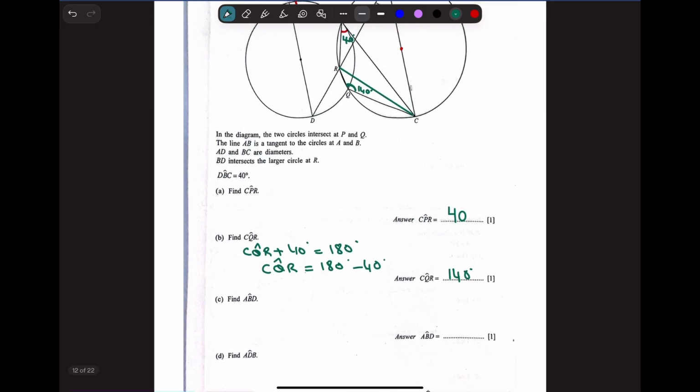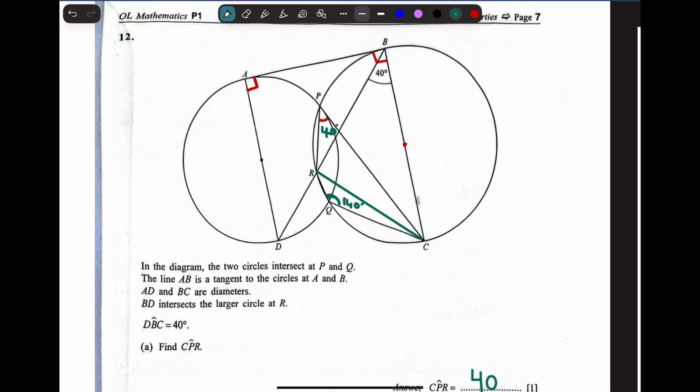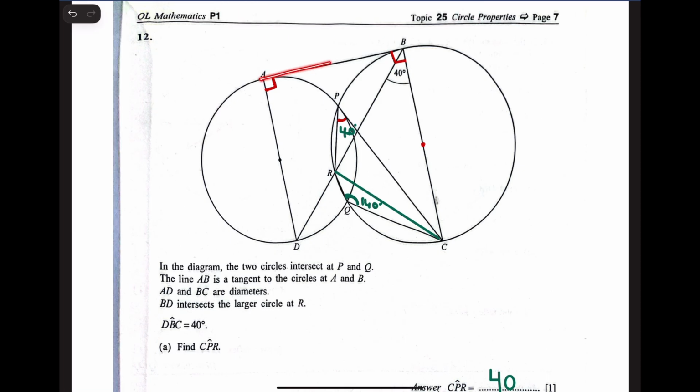Next, find ABD. This angle. We know that ABC is 90, and this is 40.